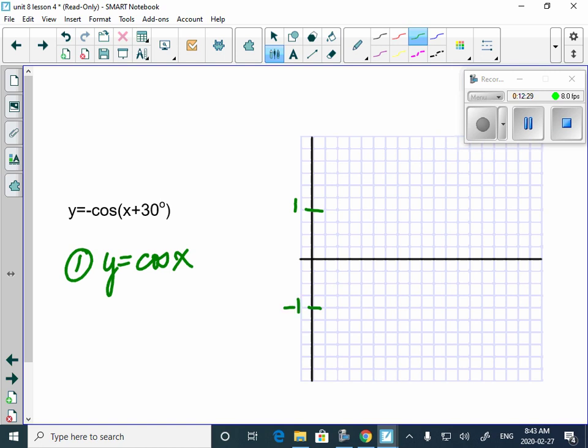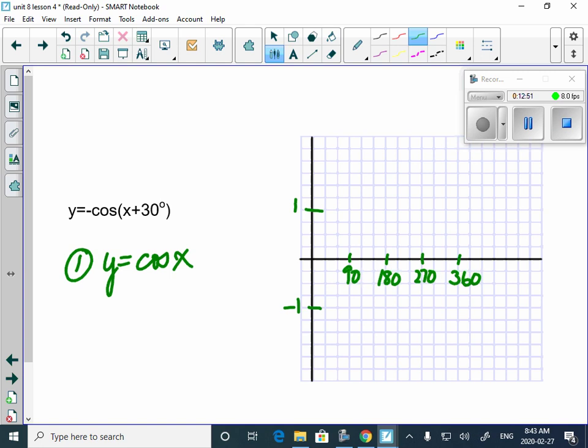Cos goes from highest back to highest again in 360 degrees. So I'm going to have my 90 every 3 squares again. I also know that I'm going to shift at 30, so I'm kind of cheating a little bit, but I would like to have 30 as exactly 1 square so it's easy to shift.